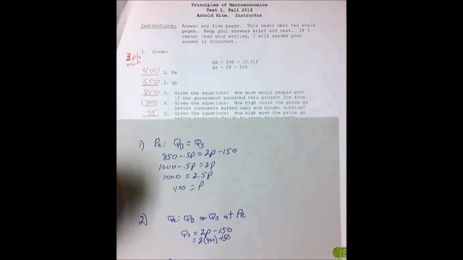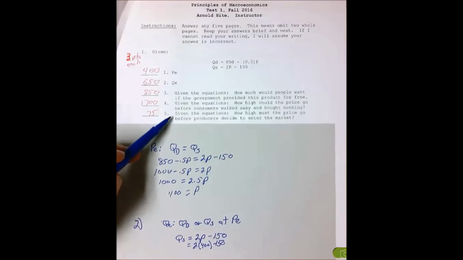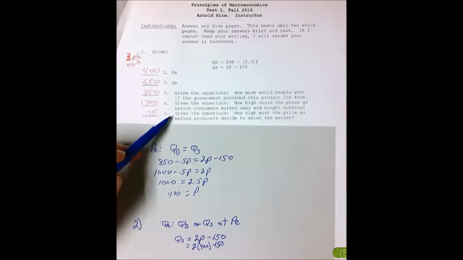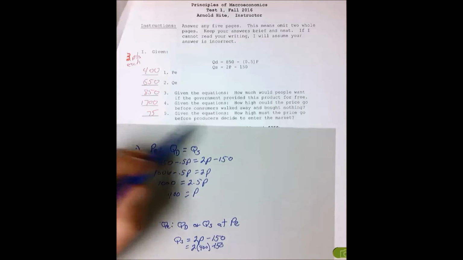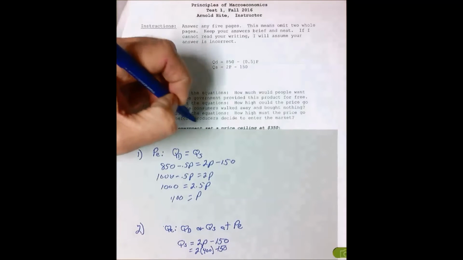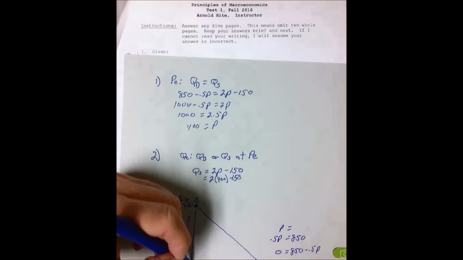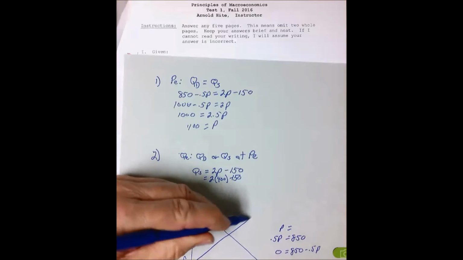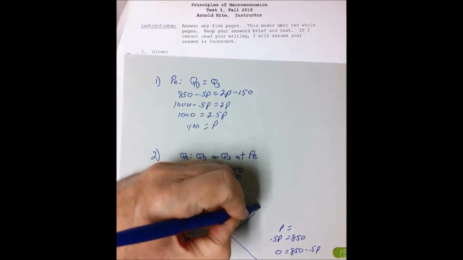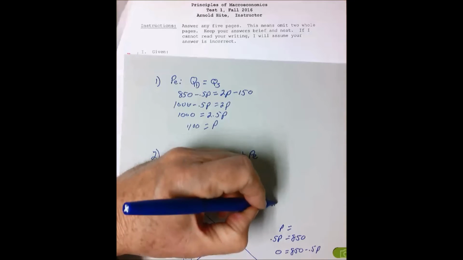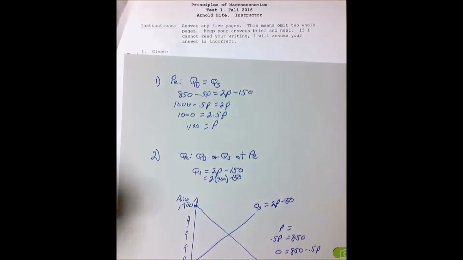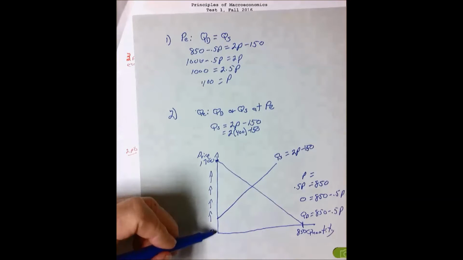So I thought all those were kind of easy, but I thought this one was hard. Given the equations, how high must the price go before producers decide to enter the market? So this question is about the supply equation. The supply equation looks like this. Quantity supplied is equal to 2p minus 150. So now, of course, when the price is 0, they won't make any.